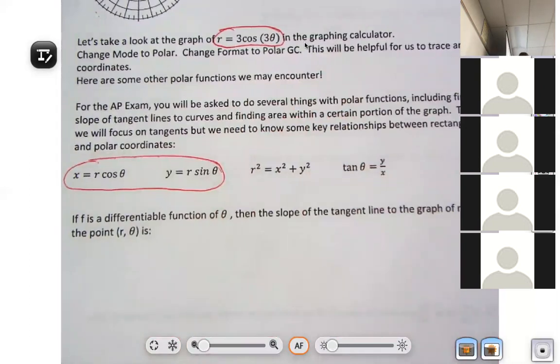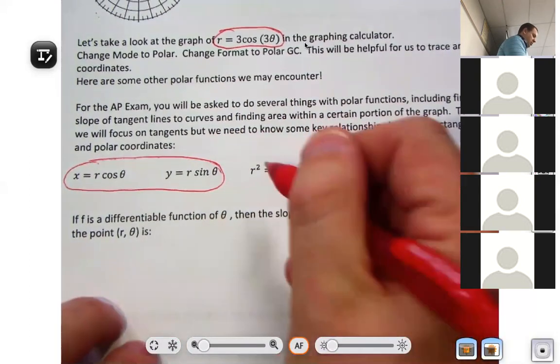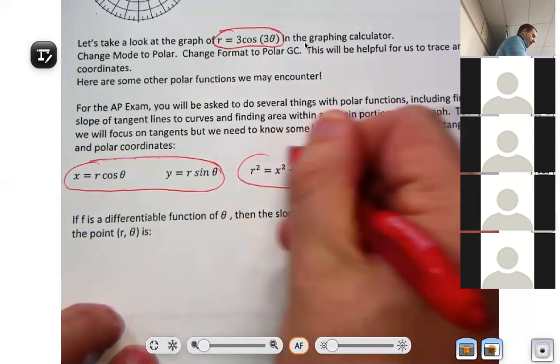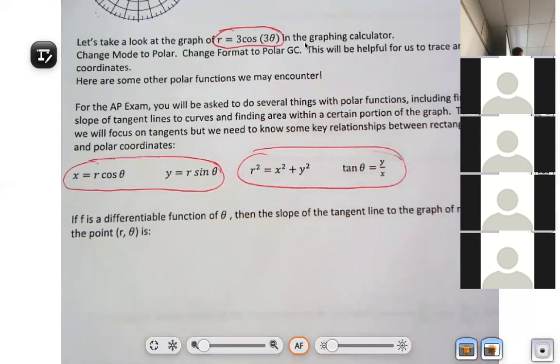That's how you find x and y using what they tell you in terms of polars. If you know the rectangular info, what x and y are, and you want to find r and theta, that's what the second 2 do. These formulas find you your polar info. And you did these in pre-cal.